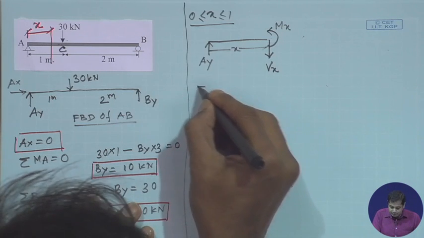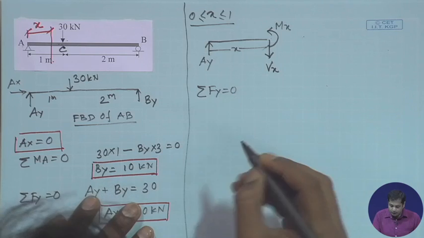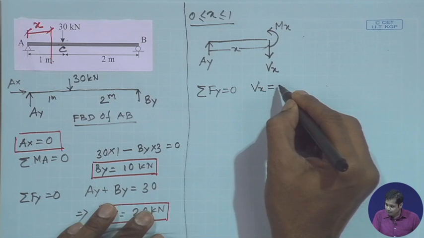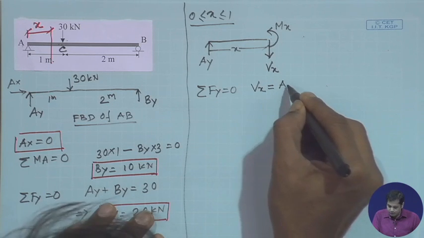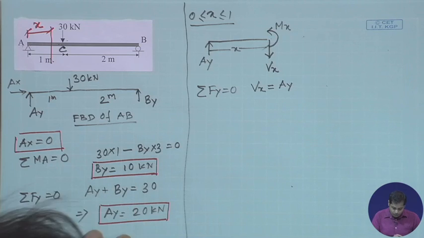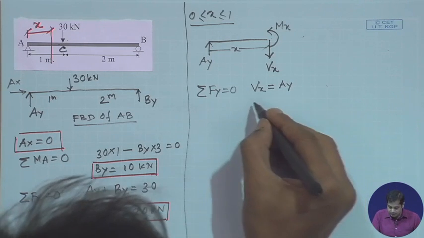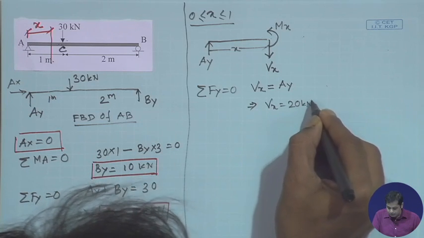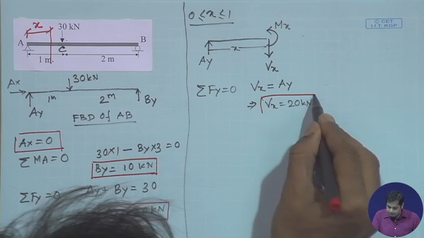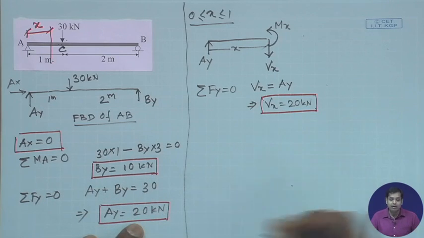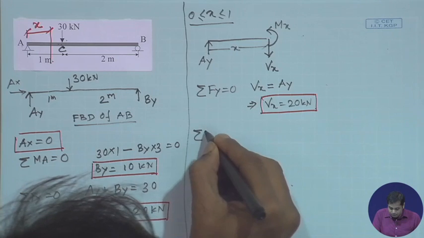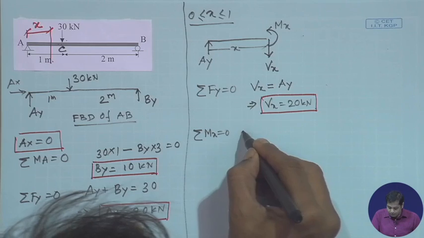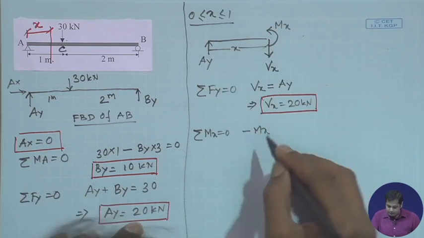Now summation of Fy is equal to 0 gives you Vx is equal to Ay, and Ay we already obtained as 20. So this gives you Vx is equal to 20 kilonewton. So this is how Vx varies between A to C. Let's take moment at x is equal to 0. So the moment will be minus Mx, because Mx is in the anti-clockwise direction.